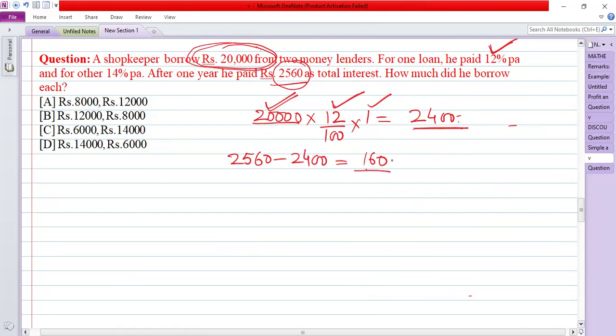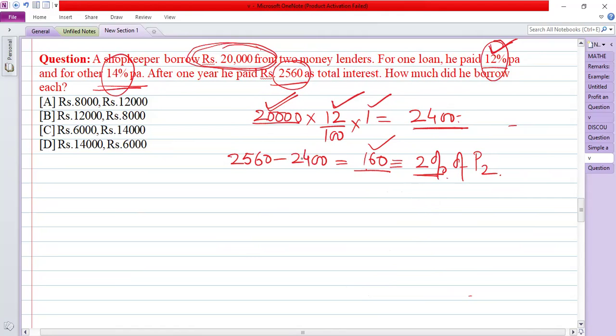Now this 160 is due to the difference of 2%. What 2%? The 2% between 12% and 14%. So now this 160 is due to the 2%, but 2% of which amount? The 2% of the amount P2. Okay. So why is it P2?